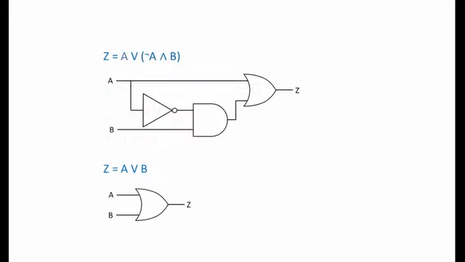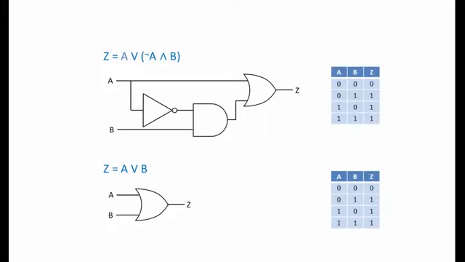So the original combination of logic gates can be replaced with a solitary OR gate. As a check, you can see that the truth table of the original combination is the same as that of an OR gate. But clearly, a single OR gate is much simpler. It needs fewer electronic components, so it's more reliable, it's faster, it generates less heat, and it's cheaper to make.